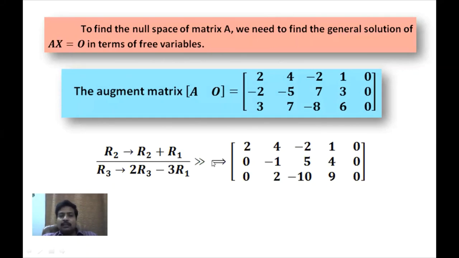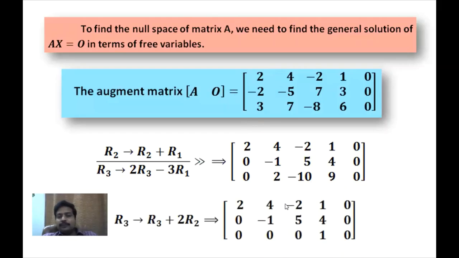2R3 is multiplied with 2 and subtracted with R1 after multiplying it with 3. So 6 minus 6 is 0, 14 minus 12 is 2. Similarly, the remaining elements.